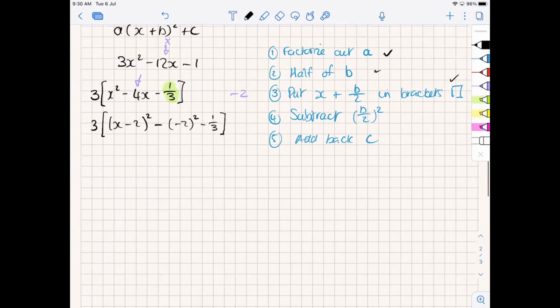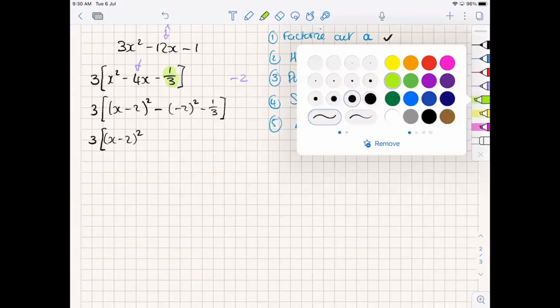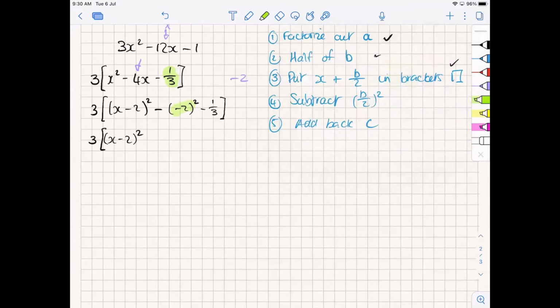Now all I have to do is tidy up. I've still got this factor of 3. I have this x minus 2 squared in the bracket. Over here, this minus 2 is going to square to become plus 4, so I'm going to have minus 4 minus 1/3.